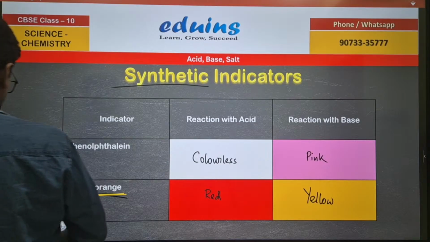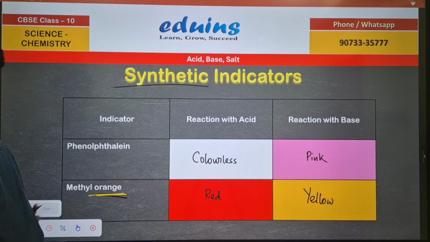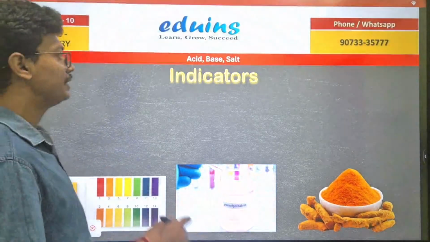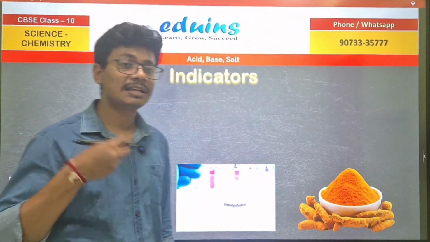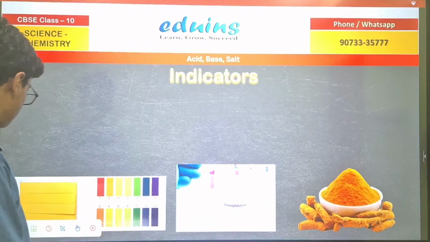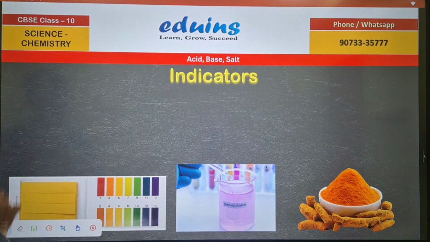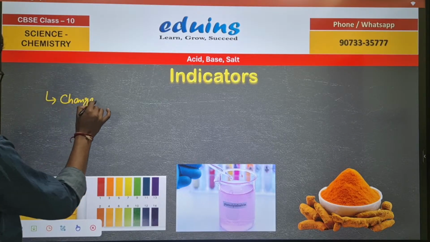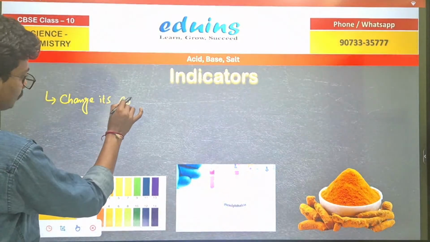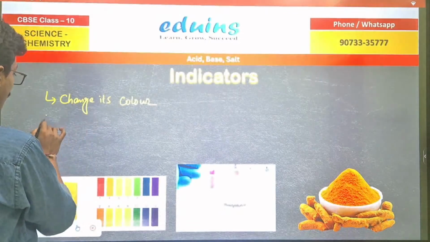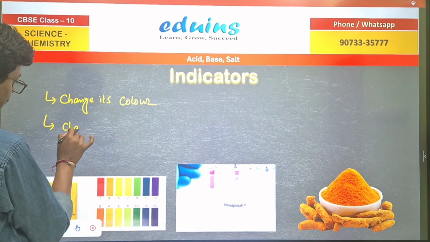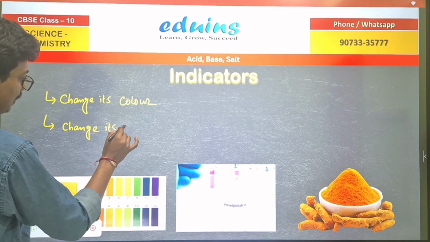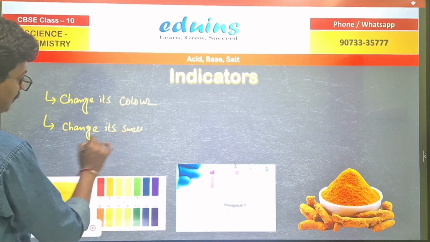Now, if we look at the indicator, I have already told that indicators are substances which change their color or change their smell.